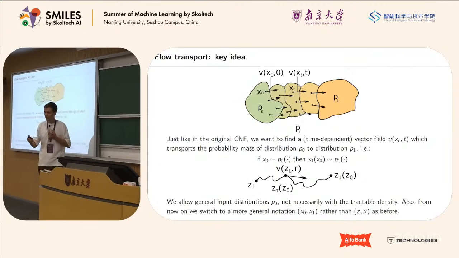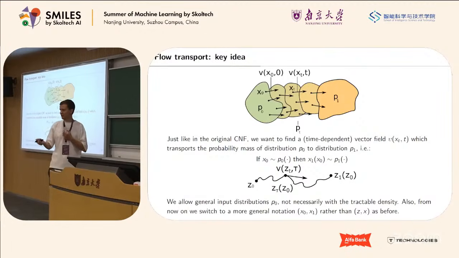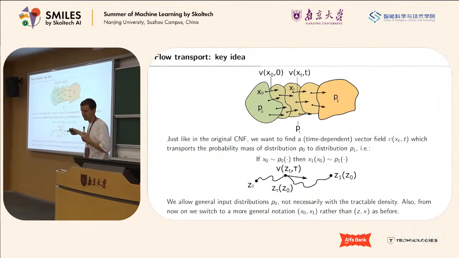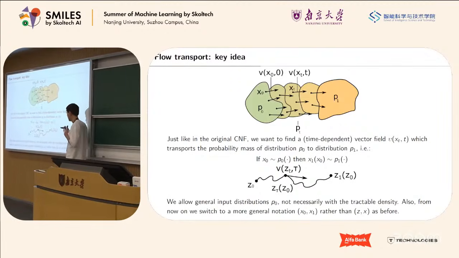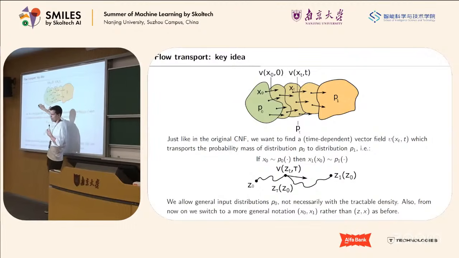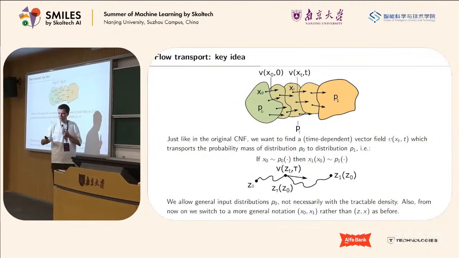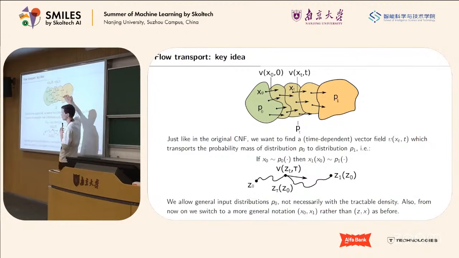And if we manage to find such a vector field that satisfies this property, then we have kind of solved our generative modeling problem, so that we will be able to take new samples from our input distribution, integrate them, so move them according to the vector field, and the newly generated samples will be from our target distribution that we would like to model.